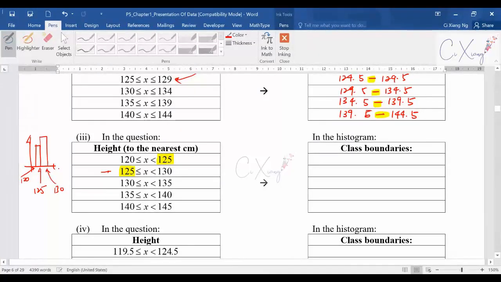No, right? You don't see any space between the bars, which means for this class, you do not need to do any adjustment to change it to class boundary. So you just copy it down, 120 to 125 and so on.